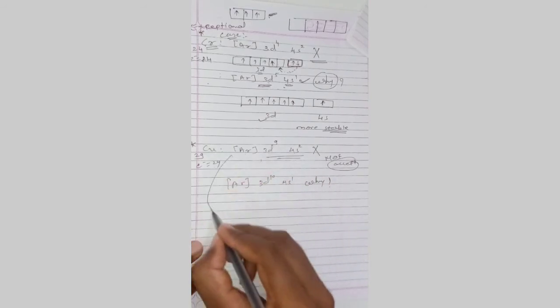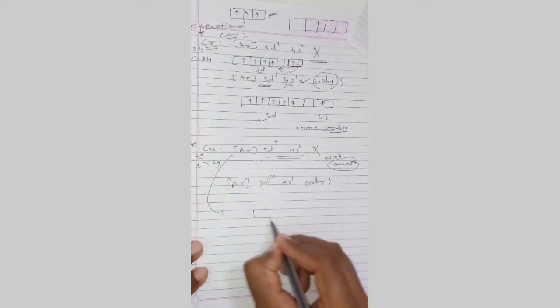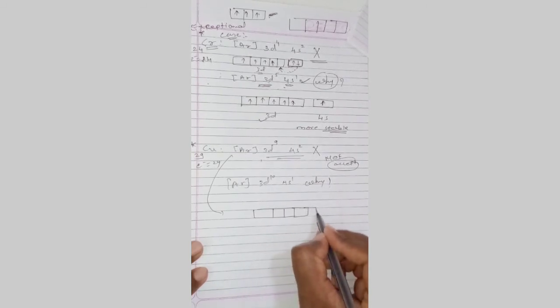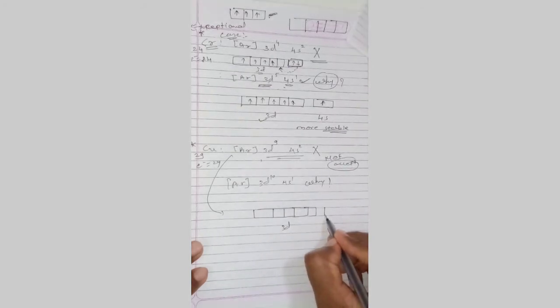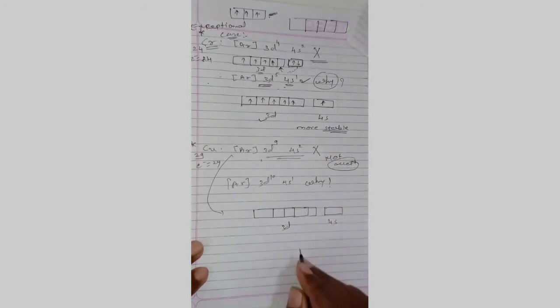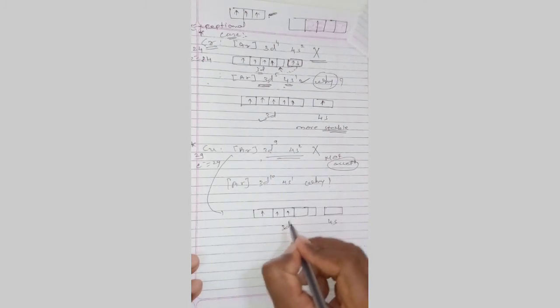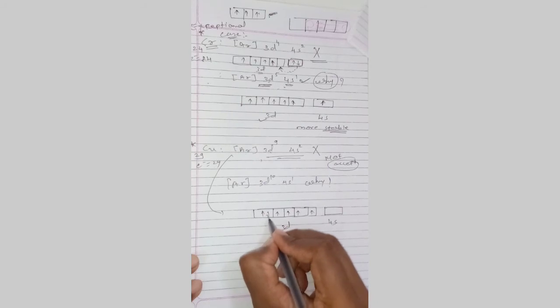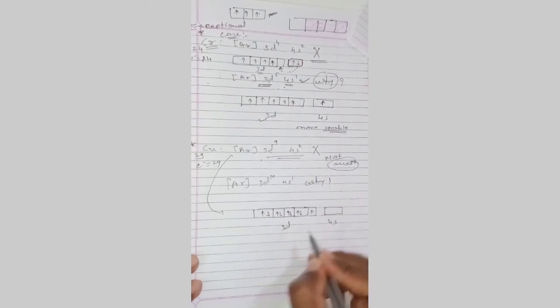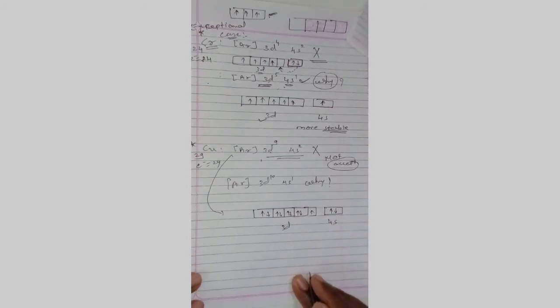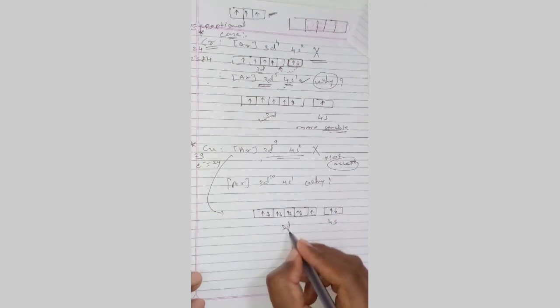Let's see about this. Suppose here in the 3d orbital and the 4s orbital, the number of electrons is 5, 6, 7, 8 and 9, and here the 4s orbital is completely filled, but the 3d orbital is not completely filled by electrons.